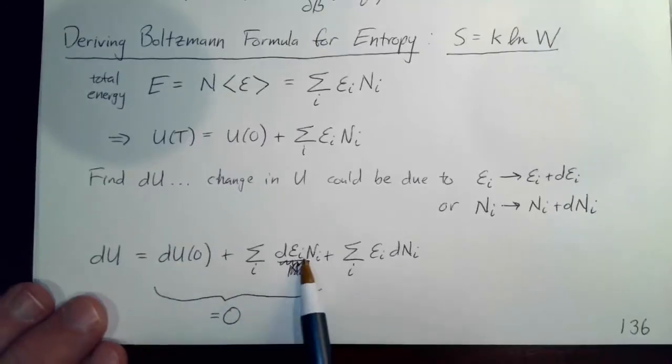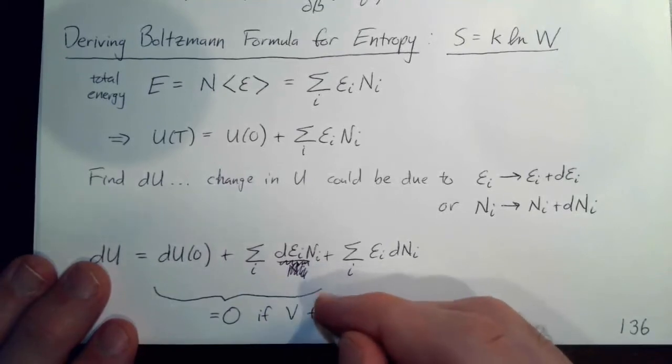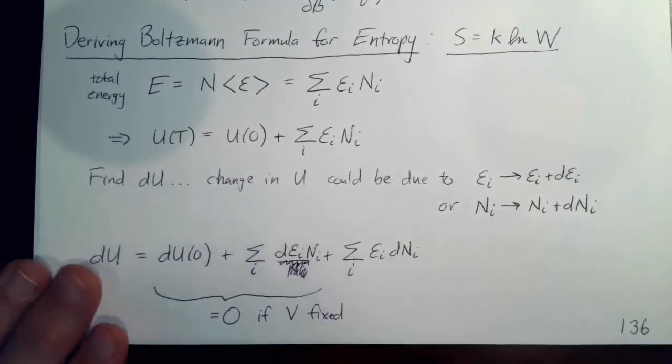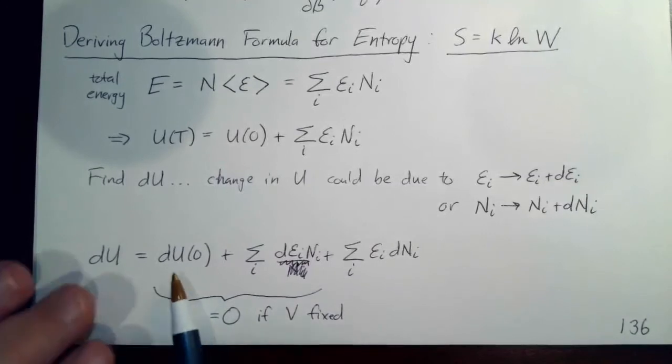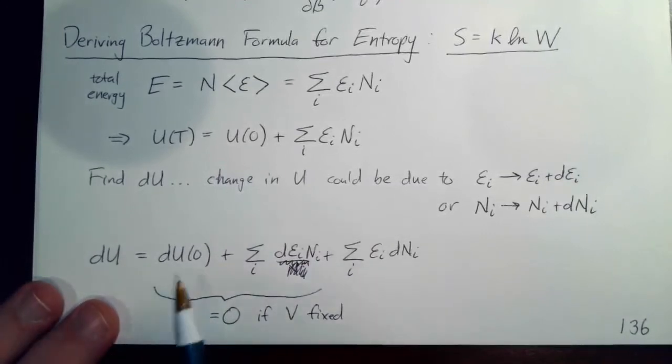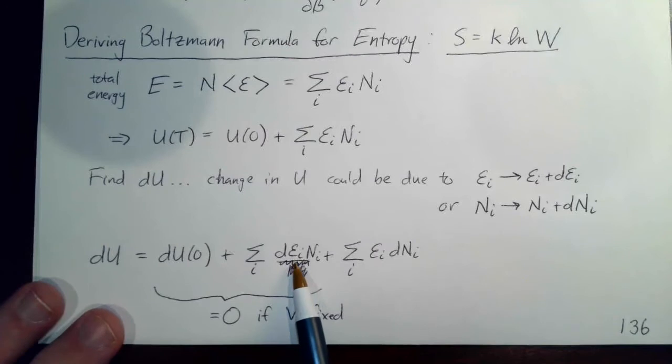And so both of these terms equal 0 if the volume is fixed. And if you think back to quantum and the quantum harmonic oscillator, you know that the ground state will change if you change the size of the box when you have an oscillator in a box. But as long as we're not changing the size, the ground state is going to be unchanged. And the same with the energy levels.